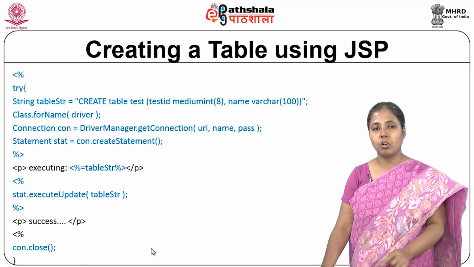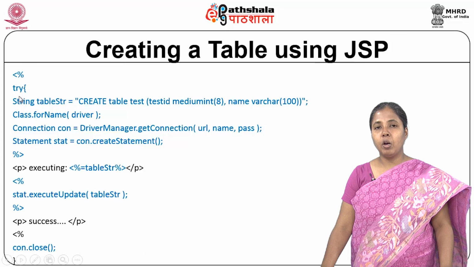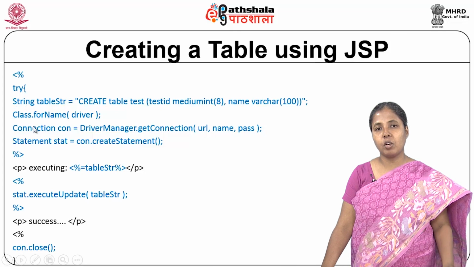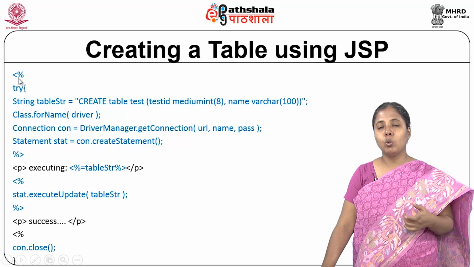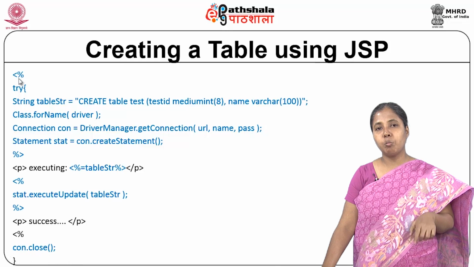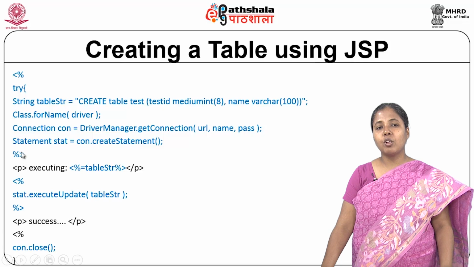Now, within the scriptlet, so a scriptlet is the tag within which you write all the Java statements, any number of Java statements you can put. You need to make the server understand that these are the Java statements you are putting within your HTML code. So, all these things have to be embedded within these JSP tags.